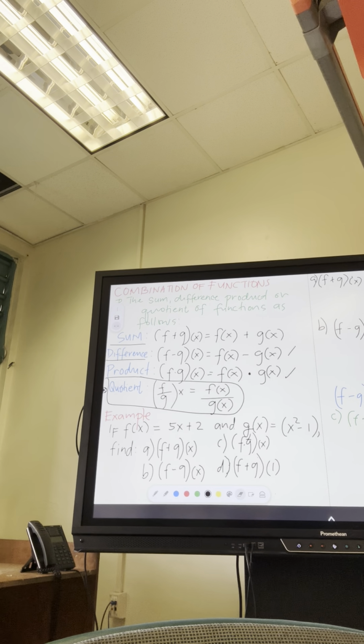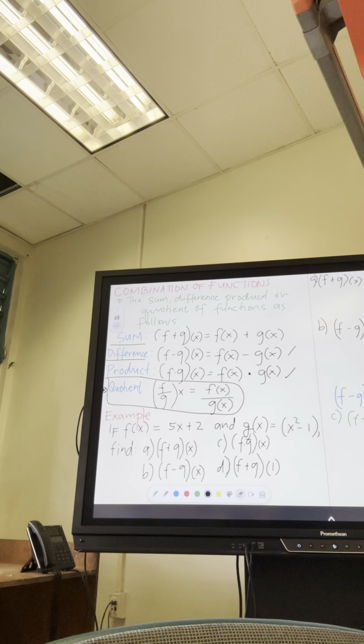So this will become f plus g at 1. And then copy this resulting equation. So we have x squared plus 5x plus 1. So what you're going to do now, just replace your x with this value 1.